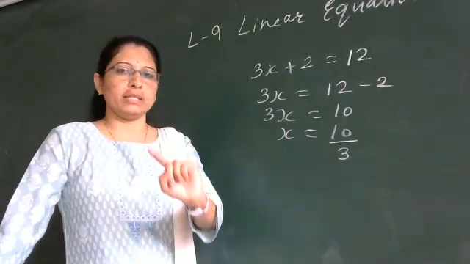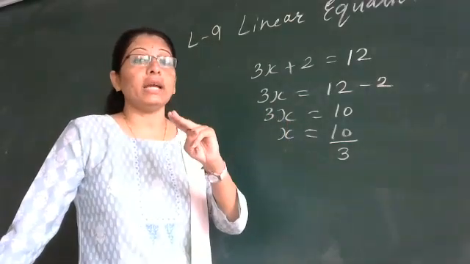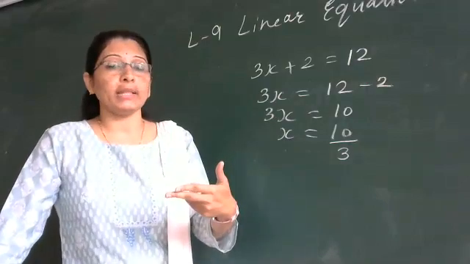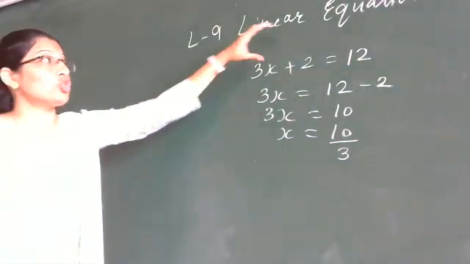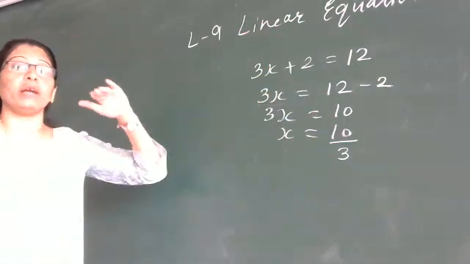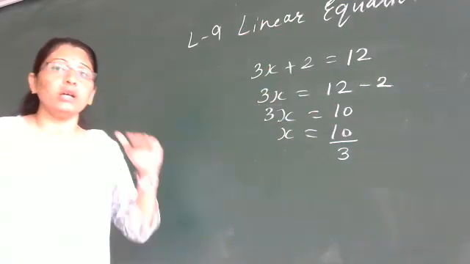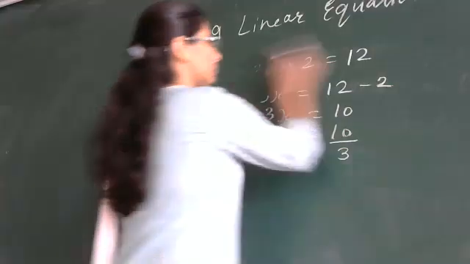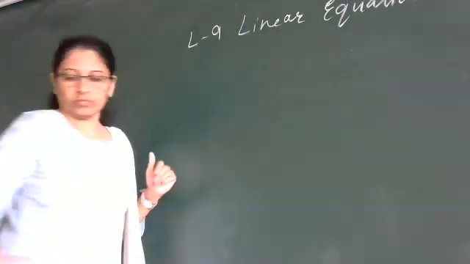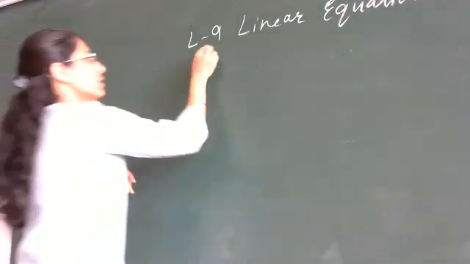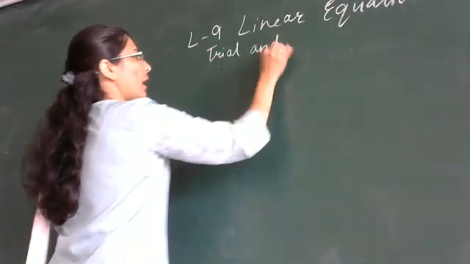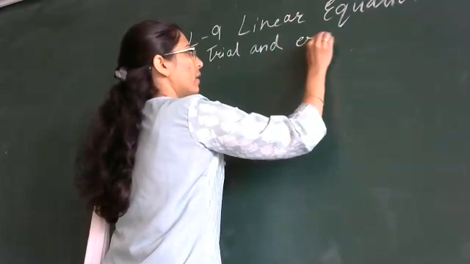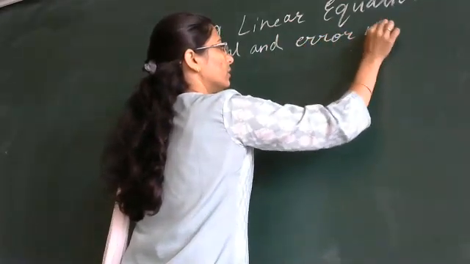Okay, now we will see the methods, trial and error method and transposing method, how we can solve the equation using these methods. So first method is the trial and error method.